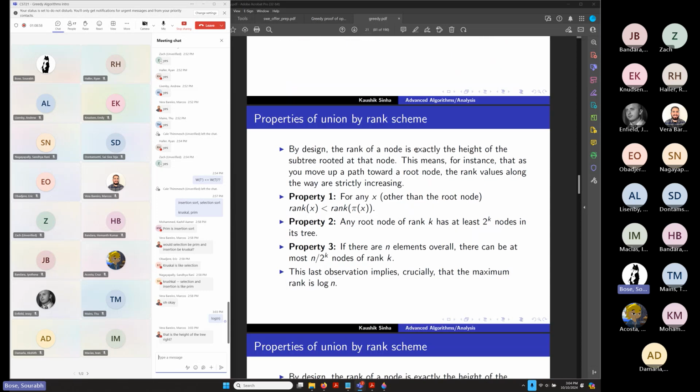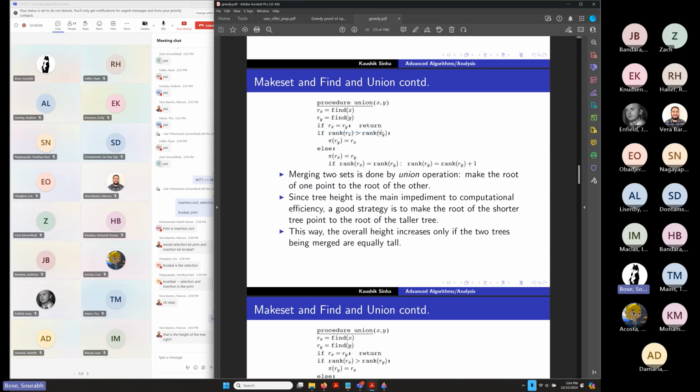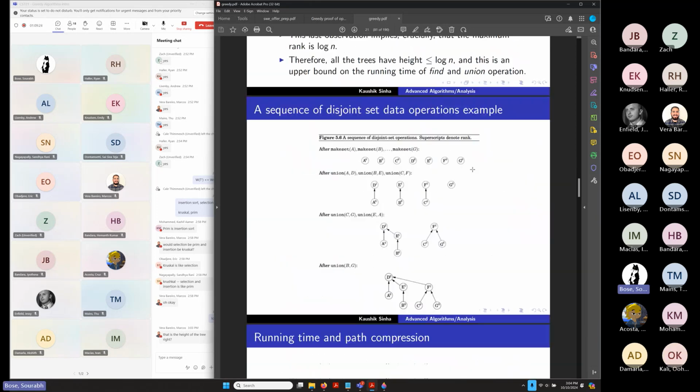If both have the same rank, what did we do in the code? Not this part, the else part: if both of them have the same rank, we pick one of them, make it the parent of the other, and set that one's rank to plus 1. Randomly pick one of them.